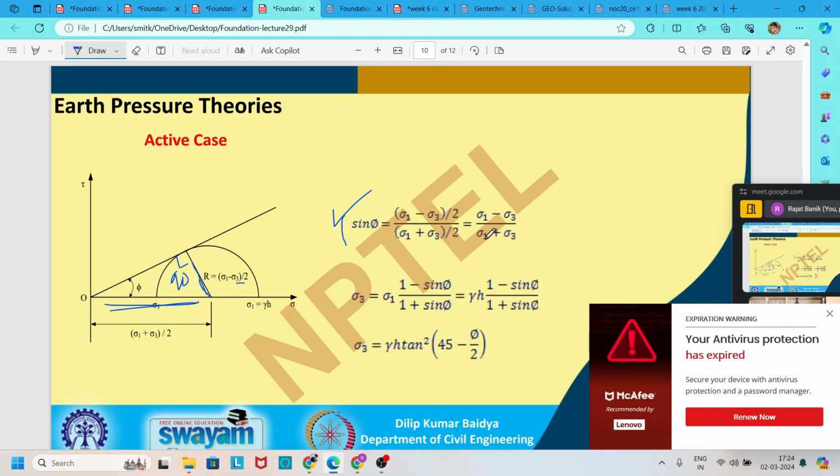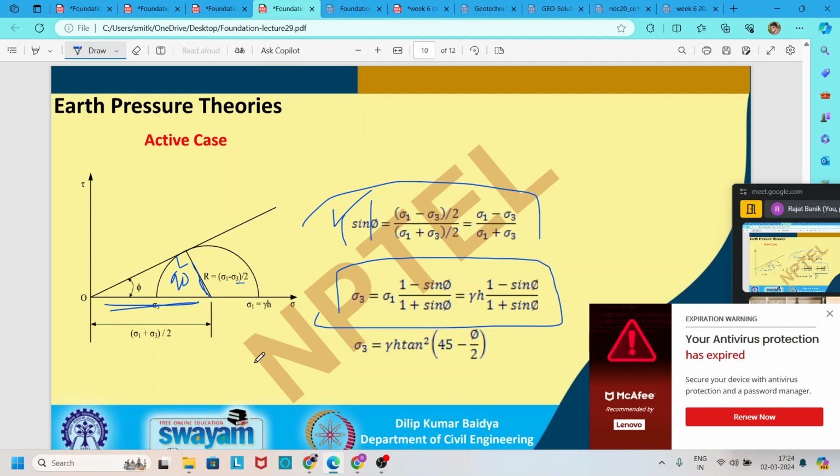So if you plot, it becomes sigma 1 minus sigma 3 divided by sigma 1 plus sigma 3. After that, if you rearrange this formula, sine phi is equal to sigma 1 minus sigma 3 by sigma 1 plus sigma 3, and find out sigma 3 from this equation. This formula looks like this.